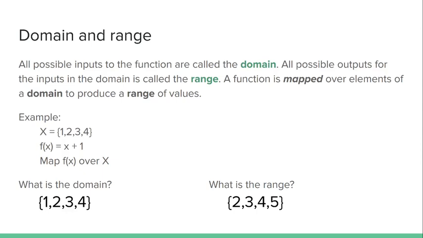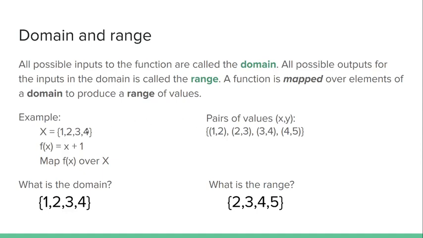Now, just like with any relation, when we apply a function to a set of values, we also can say that we generate pairs of values. So pairs of values that relate to each other according to this function. So the pairs that are generated contain the x and y values, where the x value is the value from the domain, and the y value, the second value in the pair, is the result of applying the function to that x value.